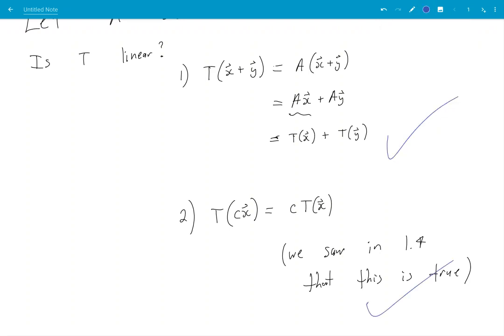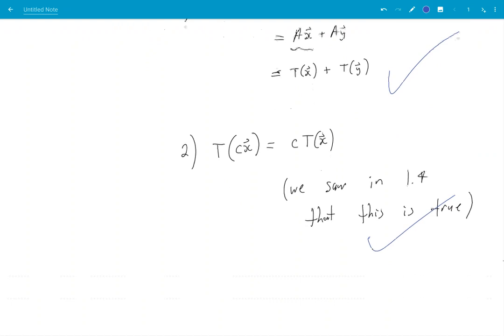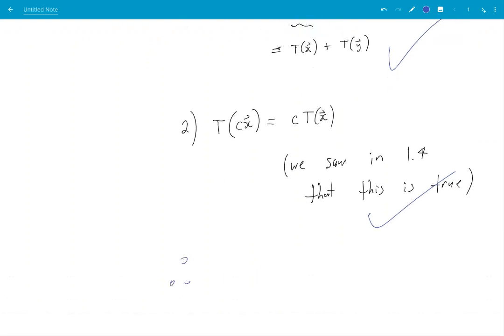Okay, so it passes both the tests. Therefore, T is linear. Or I could say T is a linear transformation.